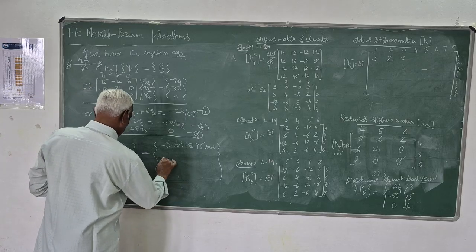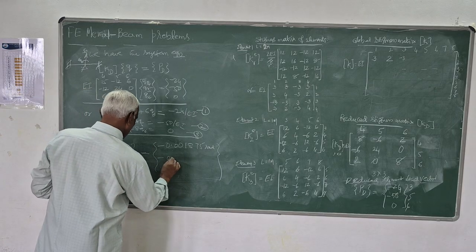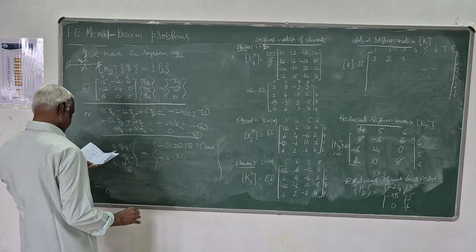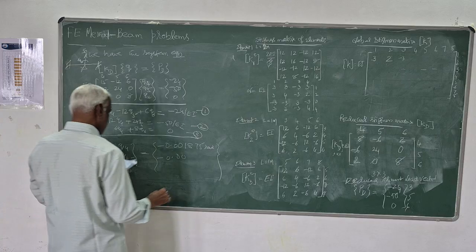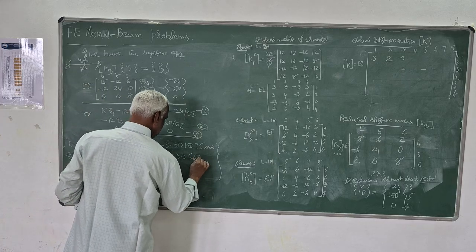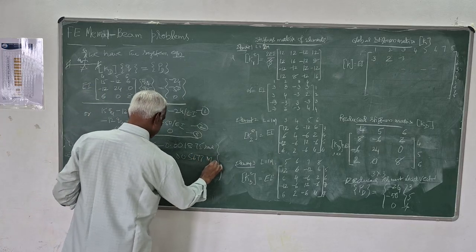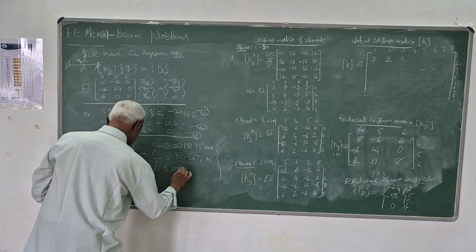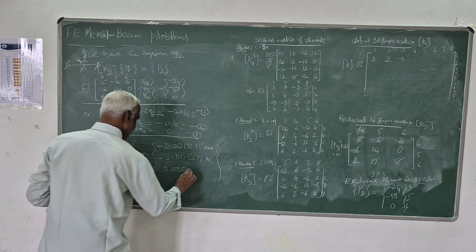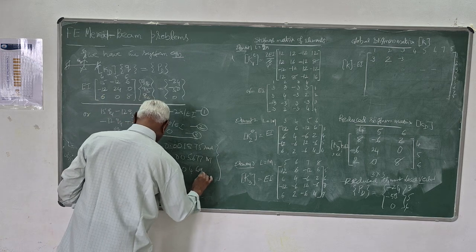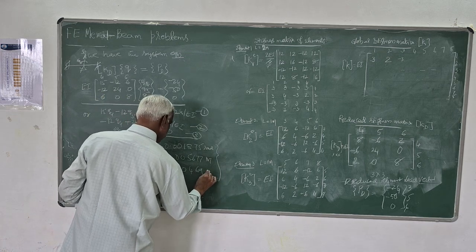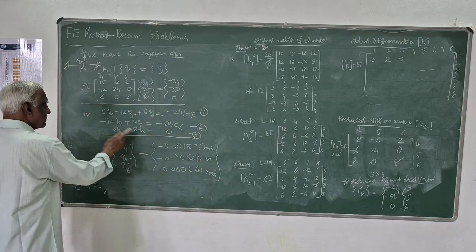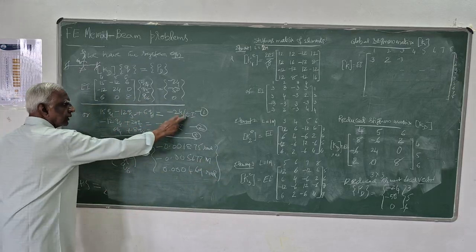Then Q5 is minus 0.005677, so many meters. Then Q6 is 0.30469 radians. This is after substituting for EI.